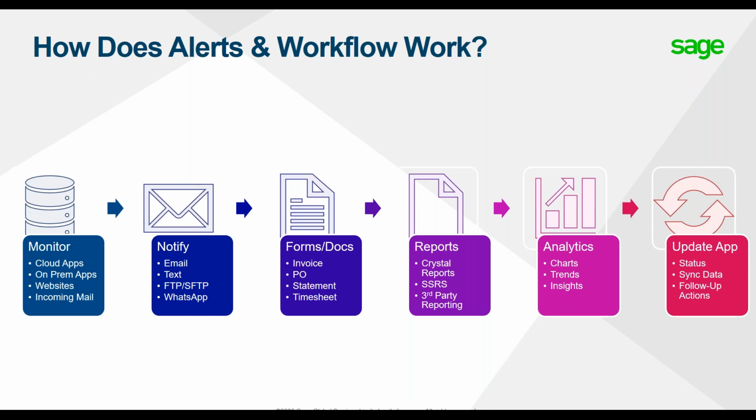So how does it work? Quick alerts and workflow sits on the database. It's not sold by a user count, it's sold by an application. So Sage ERP is one application, and you would buy one connector to it. If you want to connect to Outlook or Office 365, that would be a second connector.